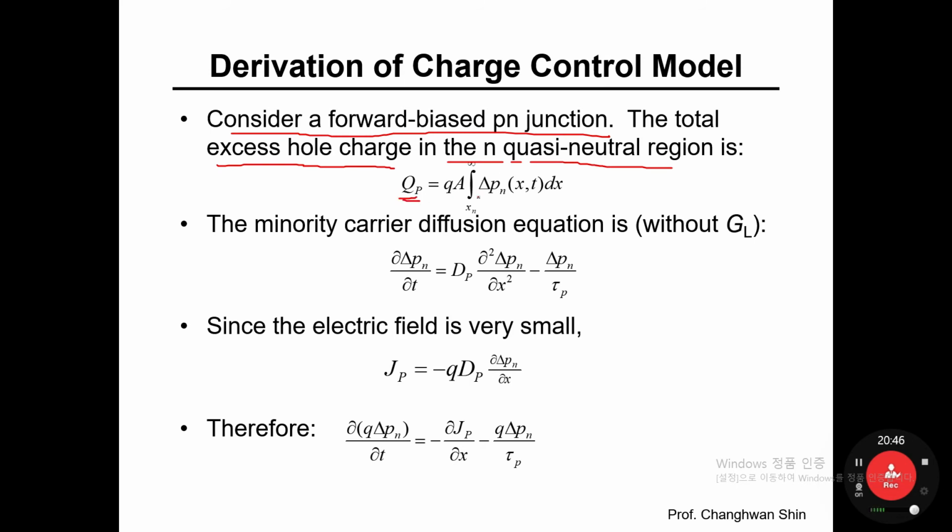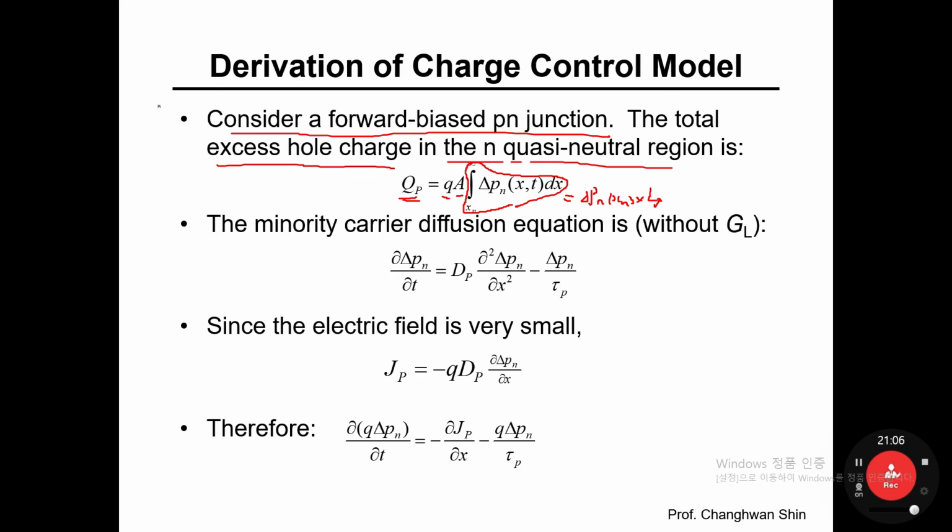That was derived in the previous slide, right? q times cross-sectional area times, this whole integration is equivalent to delta pn at xn times Lp.